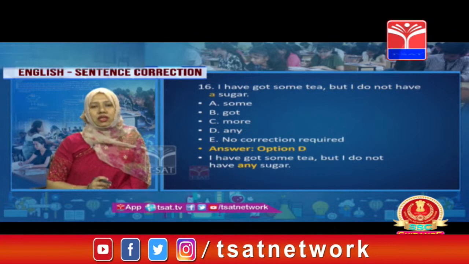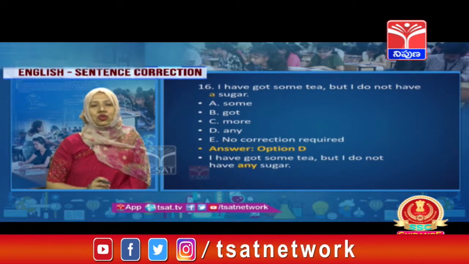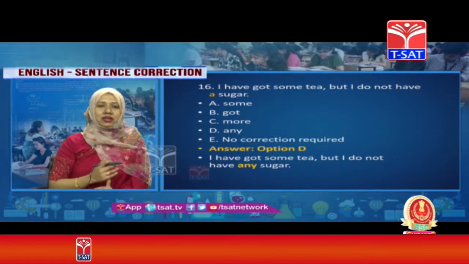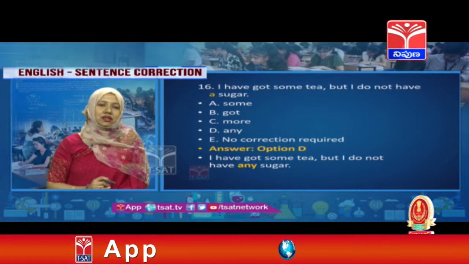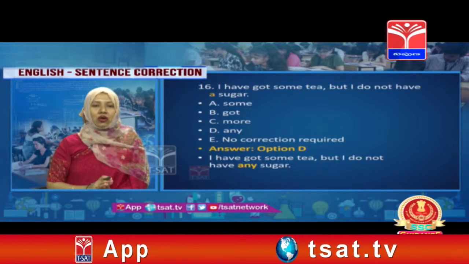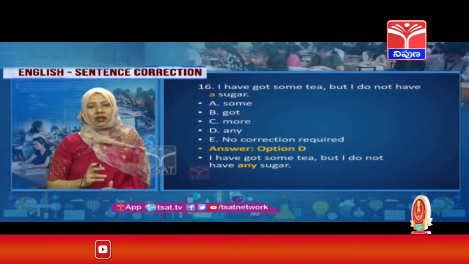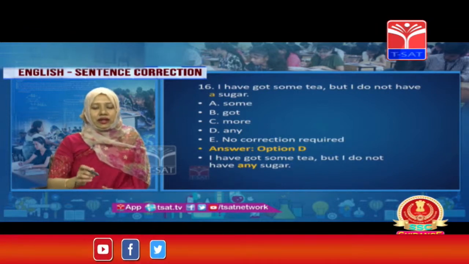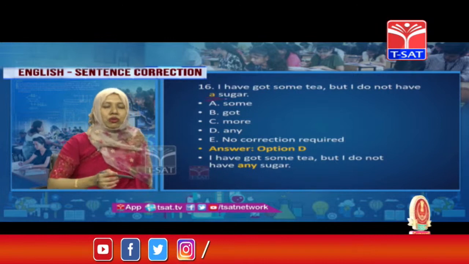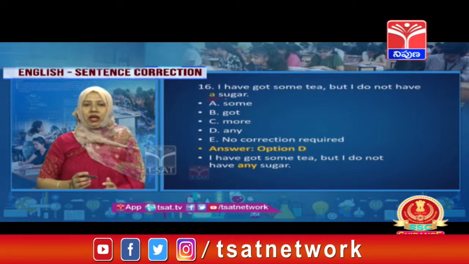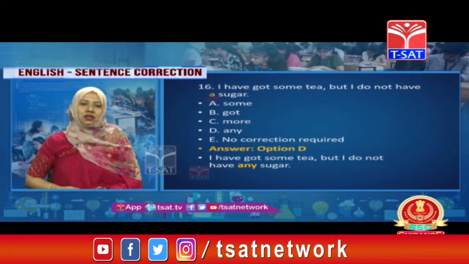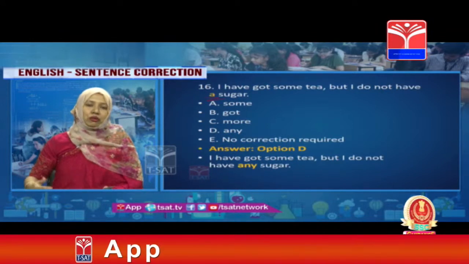I have got some tea, but I do not have a sugar. In the previous episode, we have discussed countable and uncountable nouns. If you look at the sentence, the highlighted word is used before sugar. We have discussed that sugar cannot be counted, it can be measured.